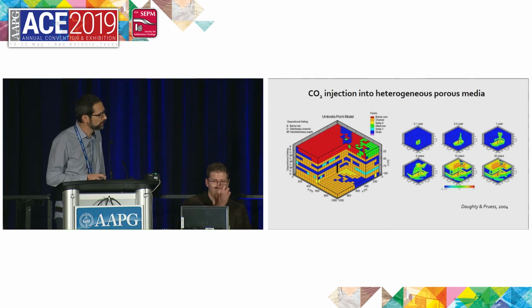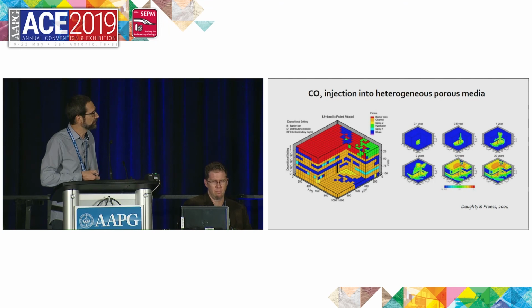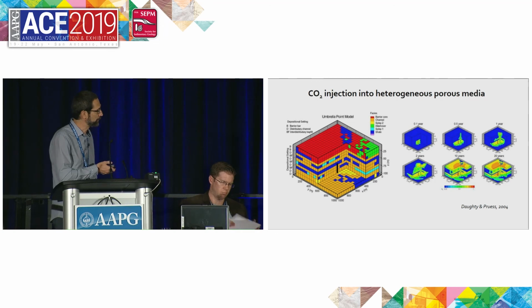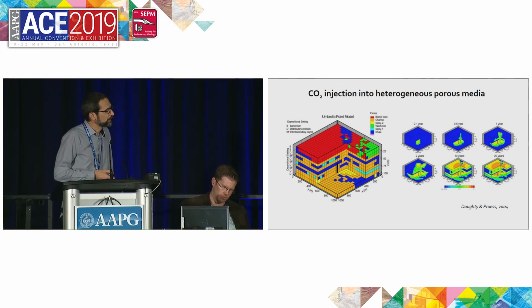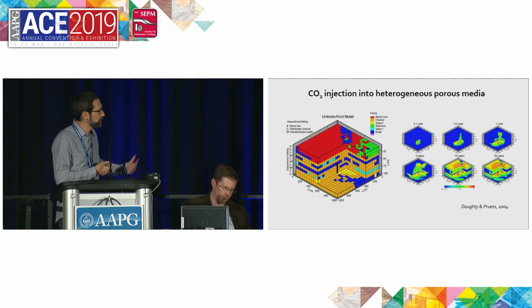And this is an old paper showing a model of a channel with some splays and so on. And they injected carbon dioxide in the model to look at how the saturation evolves through time. So we will need to build reservoir models not just for oil and gas, but also to understand how CO2 will behave in these models.